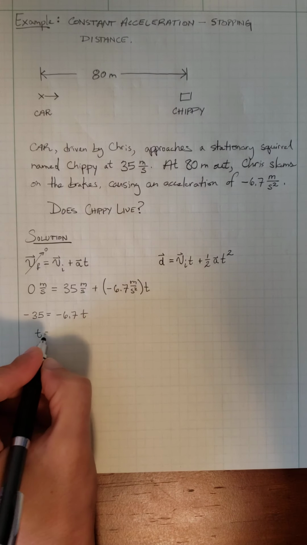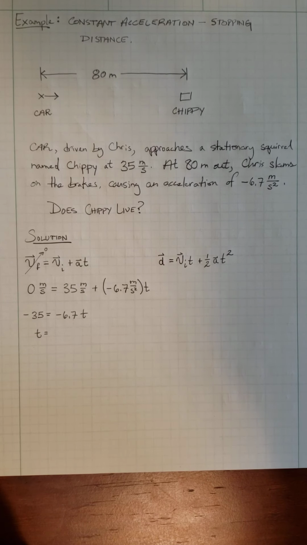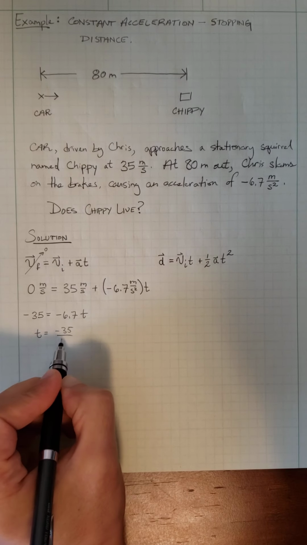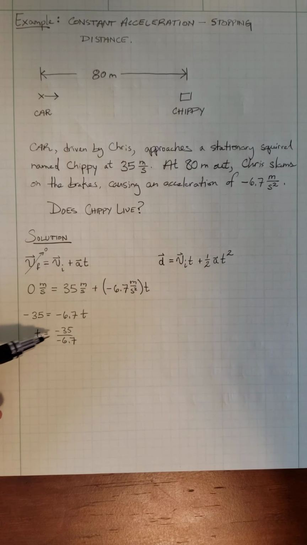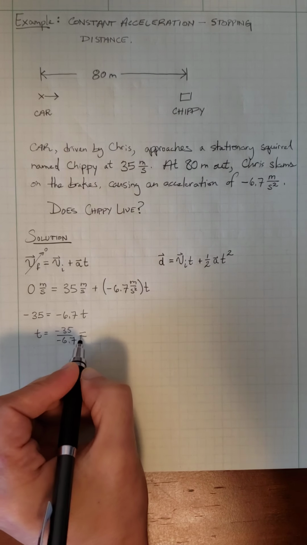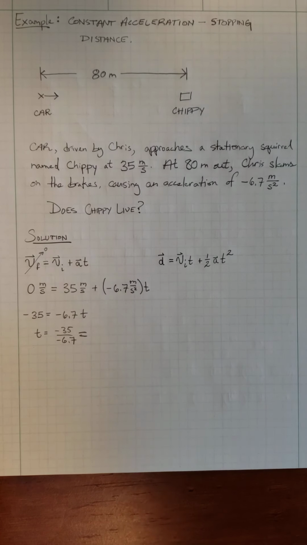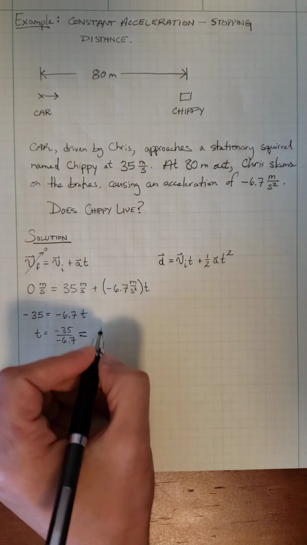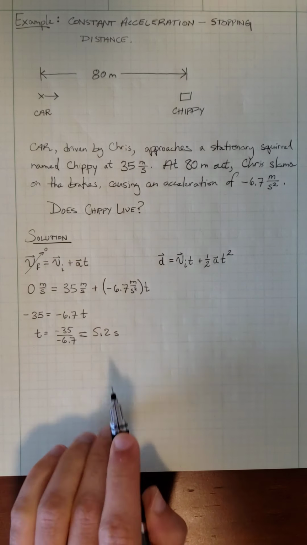So that means t is simply equal to, I'm going to divide both sides by minus 6.7, so that's minus 35 over minus 6.7. This is good news that this is negative divided by a negative, and so it's going to come out positive. Imagine if the time came out negative, you'd know something was up. And that comes to approximately 5.2 seconds.